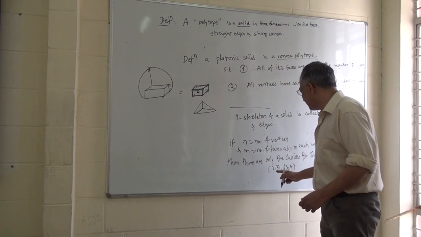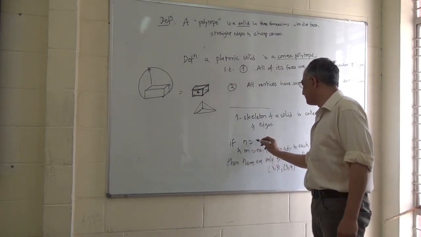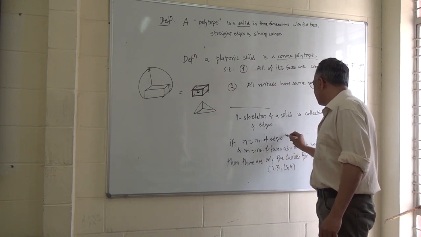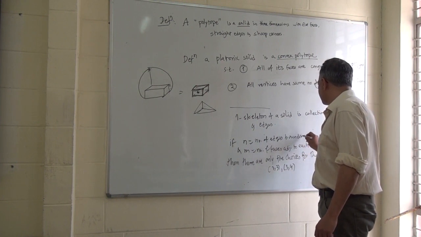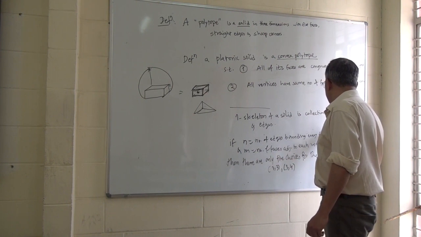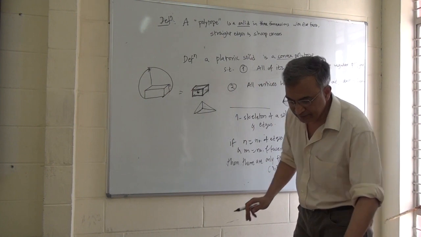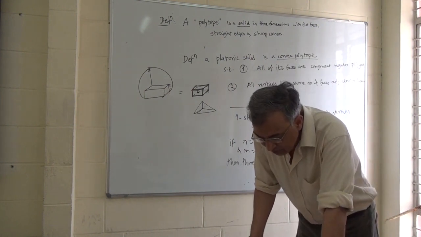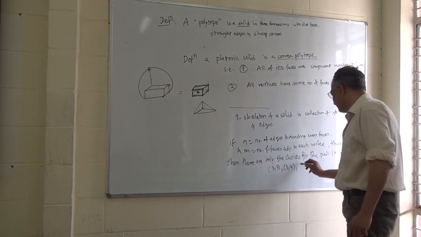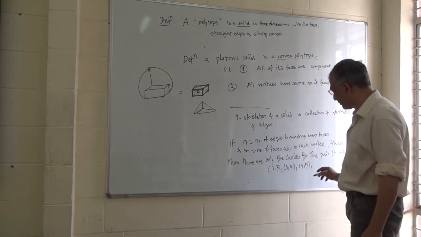Yeah, so n is not the number of vertices, n is the number of edges bounding every face. If m is the number of faces, so basically we have 3, 3, 3, 4, 3, 5, 4, 3 and 5, 3.